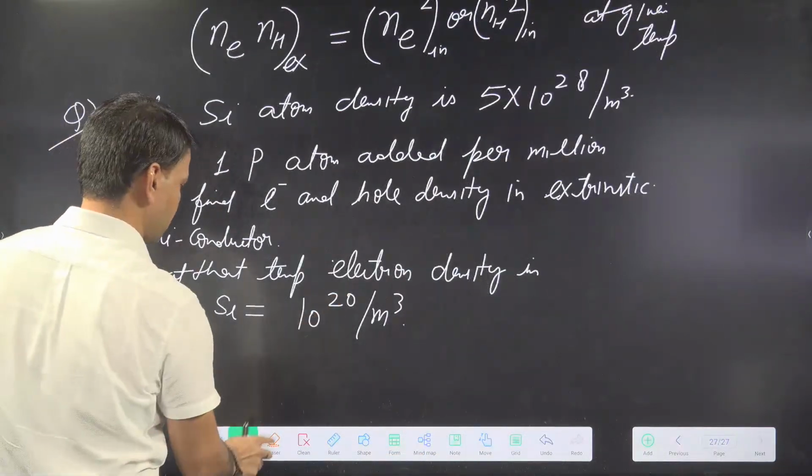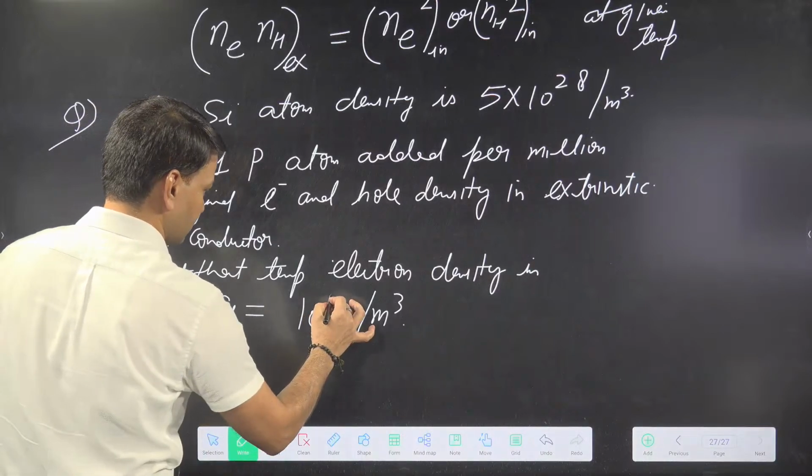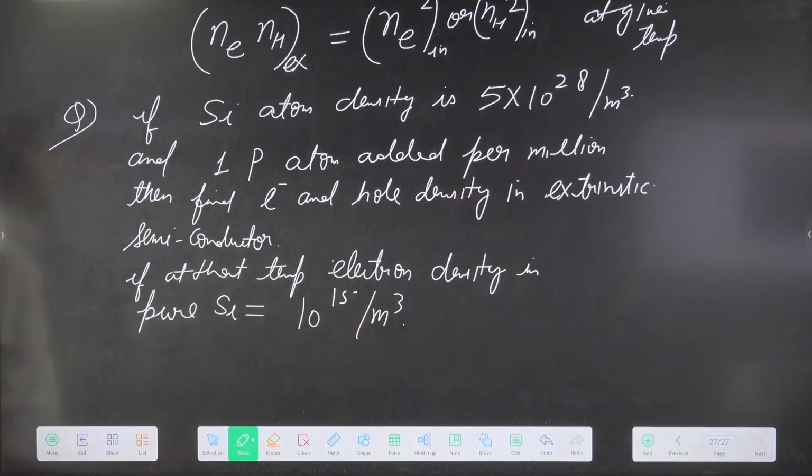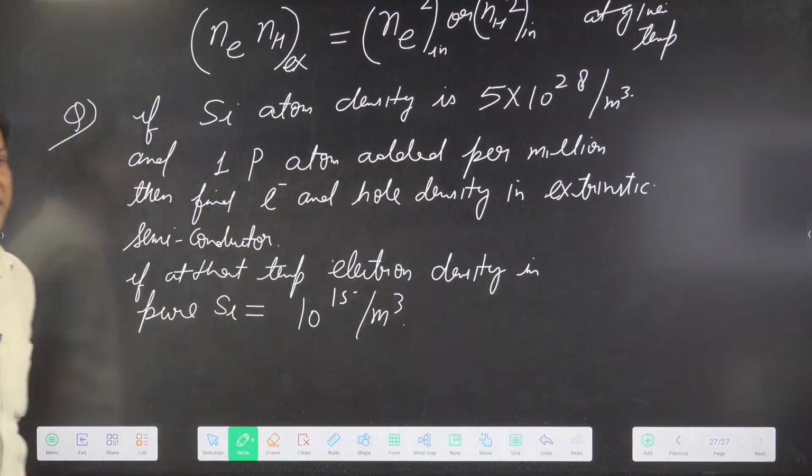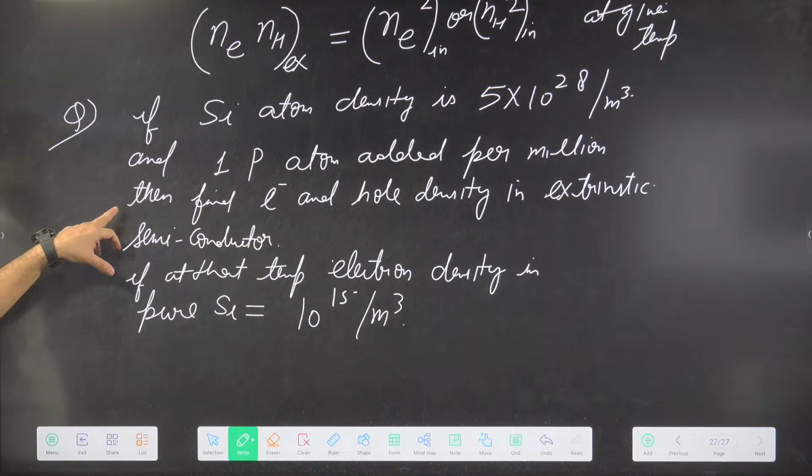So here what I'm saying: if silicon atom density is 5 into 10 to the power 28 per meter cube and we are adding 1 phosphorus atom per million, then find the electron and hole density in the extrinsic semiconductor.